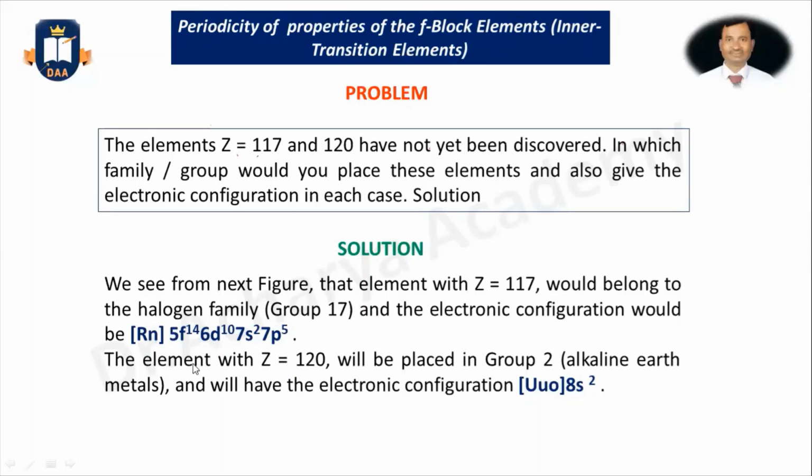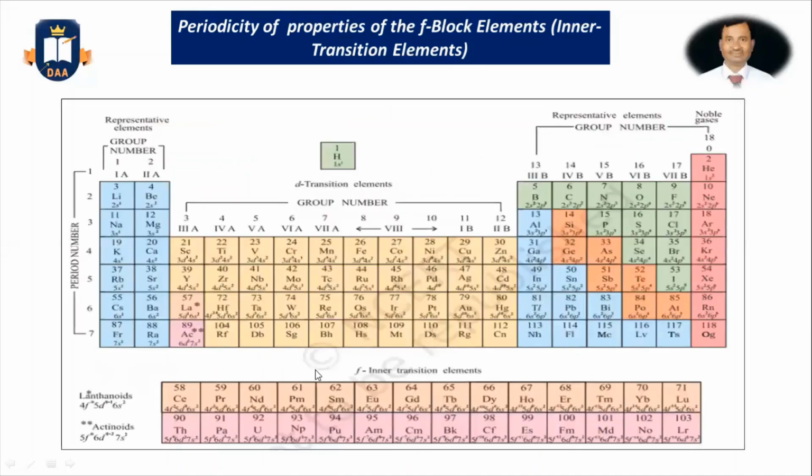Now we'll consider the element with atomic number 120. If we see the periodic table, element 118 has the symbol Og. This is the noble gas configuration, and if you put one more electron, it will come to group number 1, and the next electron, for 120, will be group number 2.